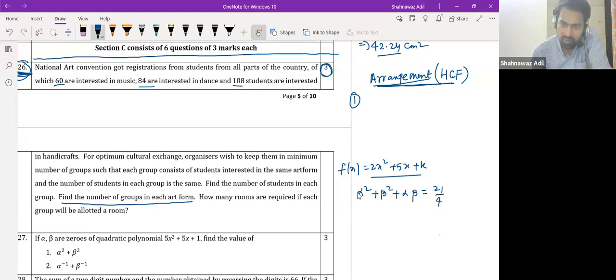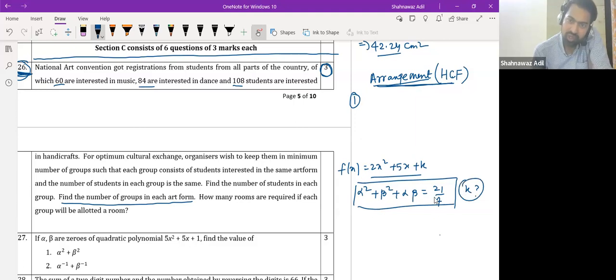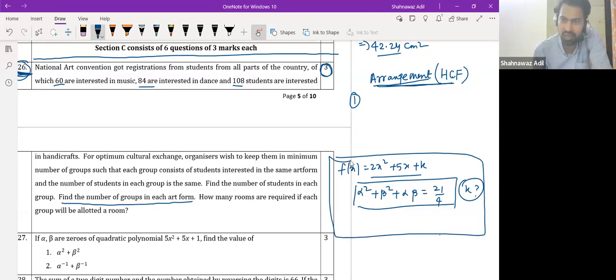So we have to find the value of k. Whenever these kinds of questions are given, first we'll discuss this question and then come to that. Good, so this is the question that Aisha has asked. We will discuss this question.